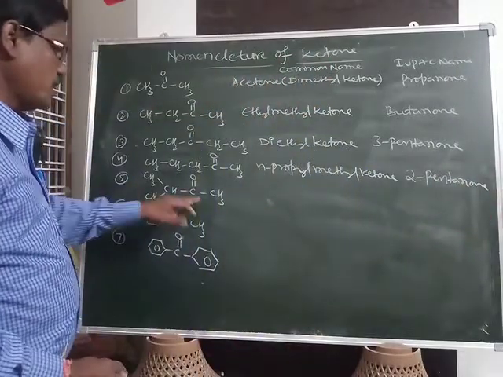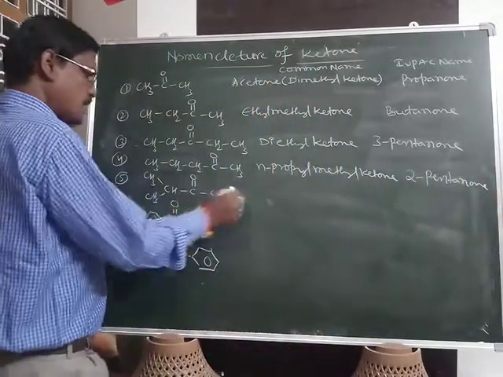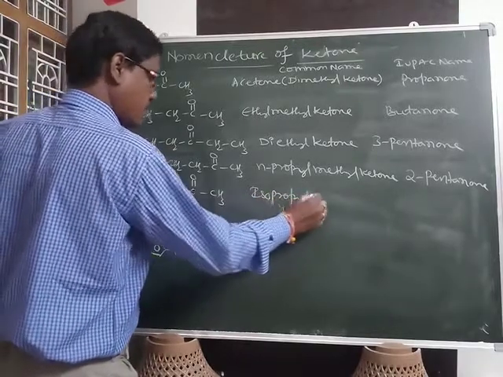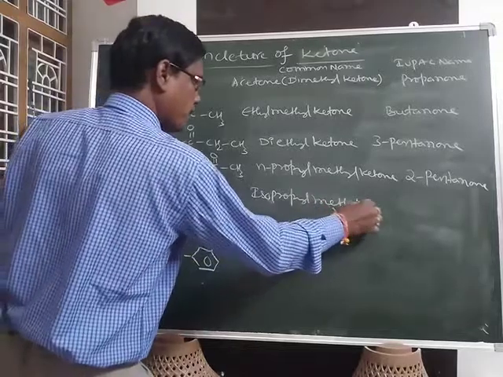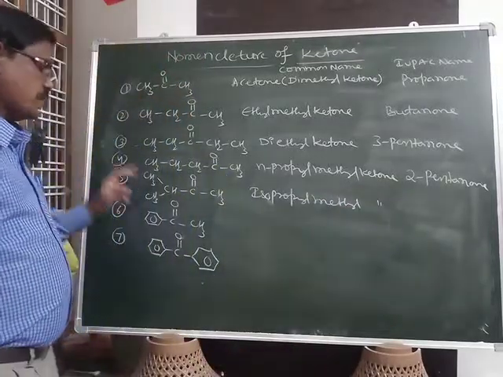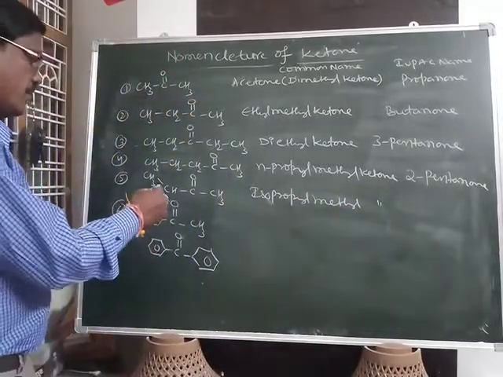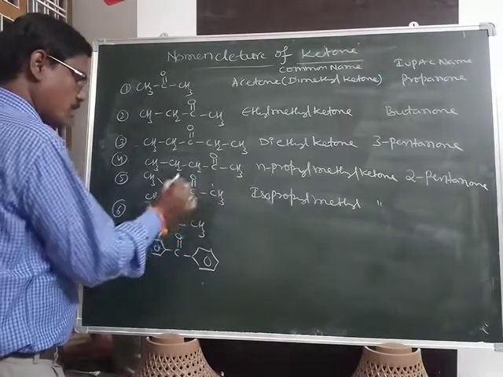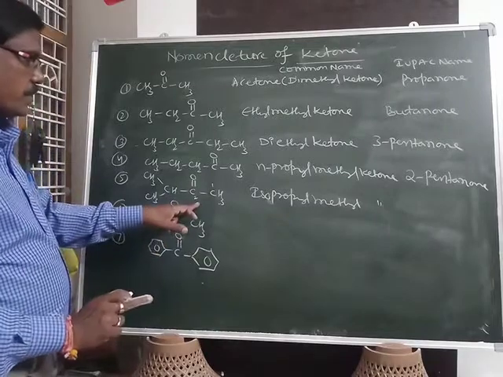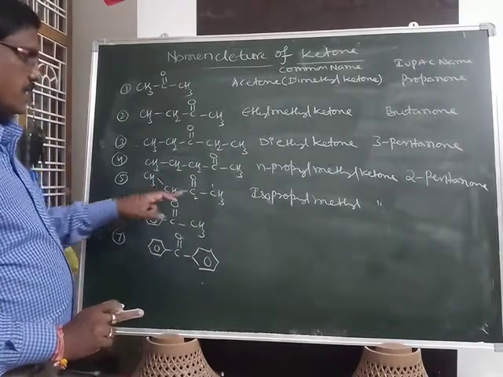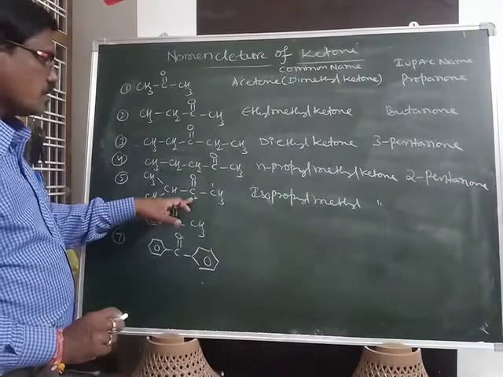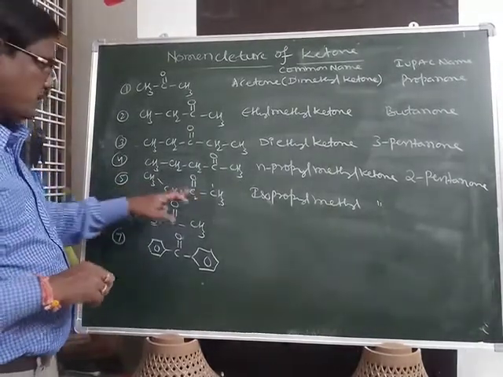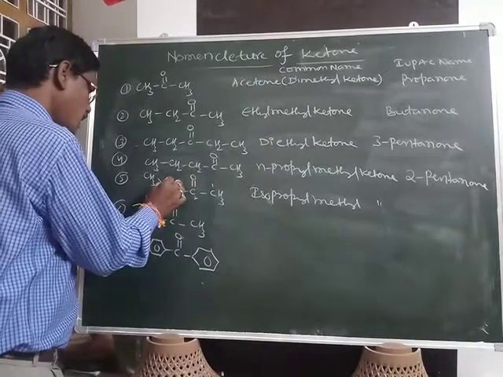Next, this one is known as isopropyl methyl ketone. But the IUPAC name is very interesting. Here we must give the numbering from this end, because the functional group must get the lowest number rather than the substituent. That's why 1, 2, 3 and 4.